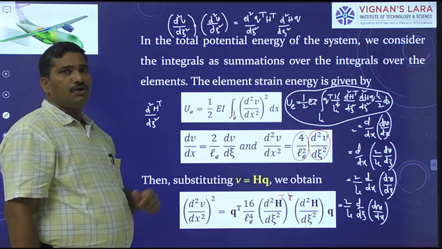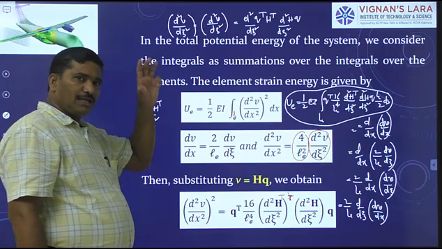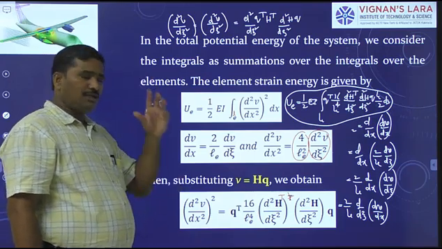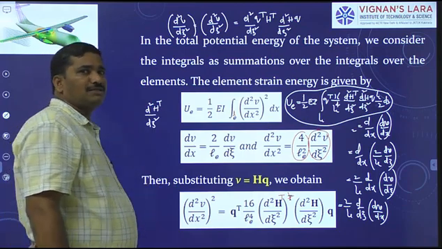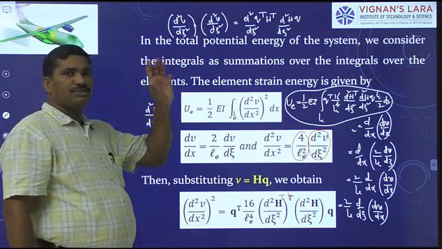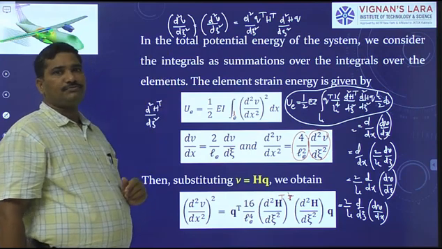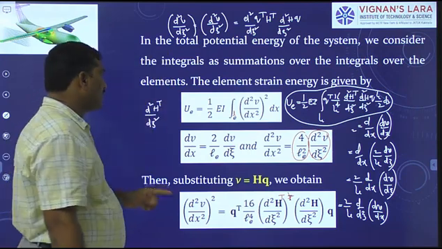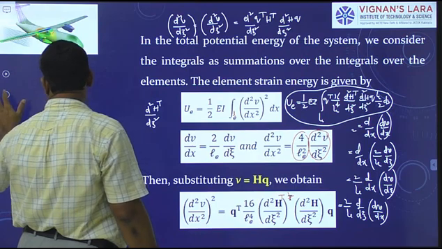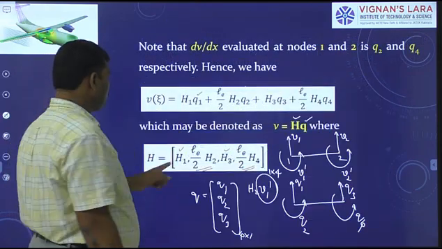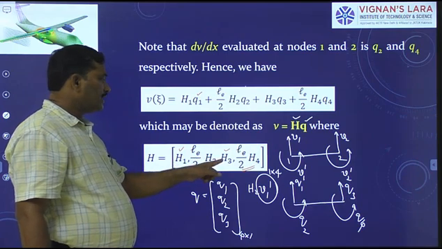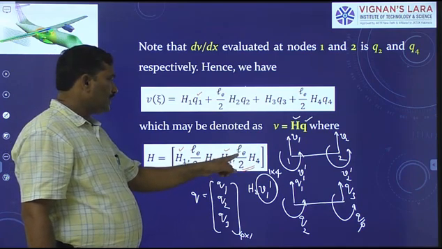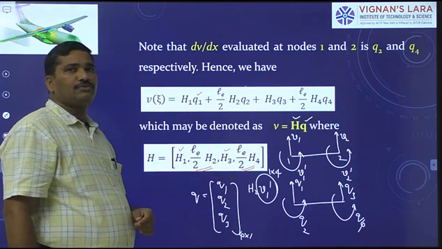Now, what are the elements of it? The elements of the Hermite shape function matrix are: first one, H1, the first Hermite shape function; second one, LE by 2 into H2; third one, H3; fourth one, LE by 2 into H4.